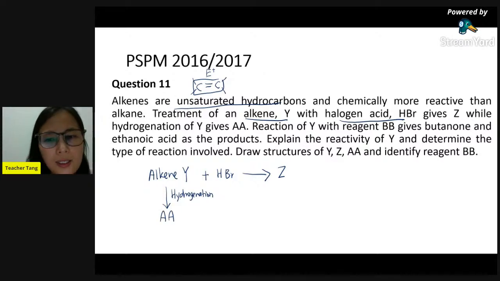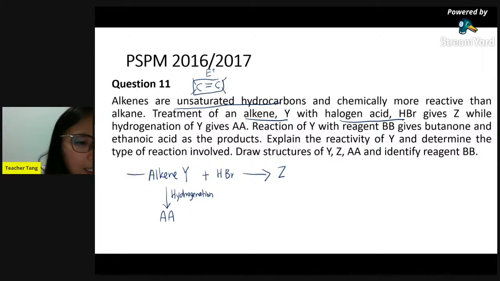And then it says reaction of Y again with reagent BB gives butanol and ethanoic acid.